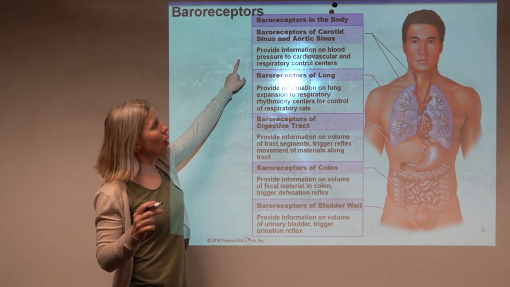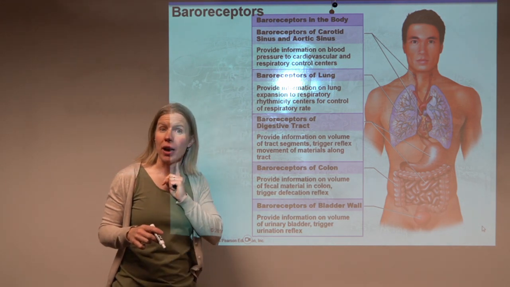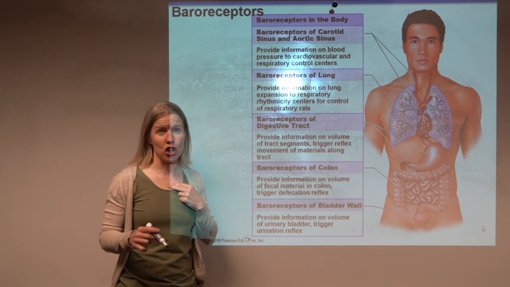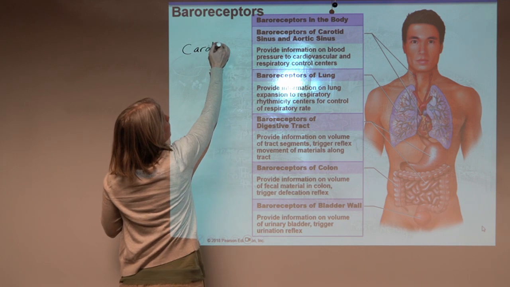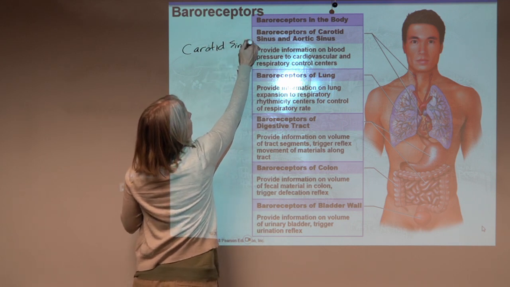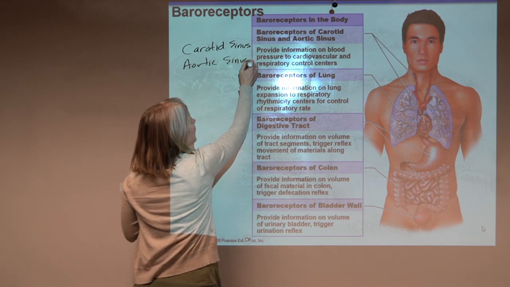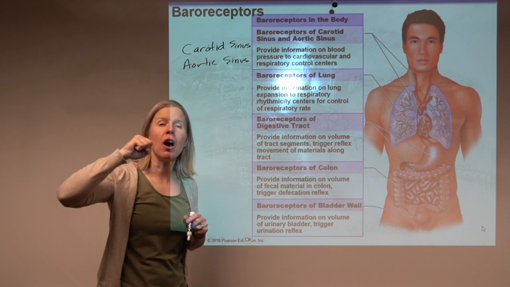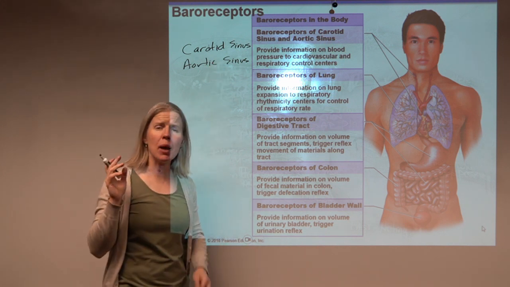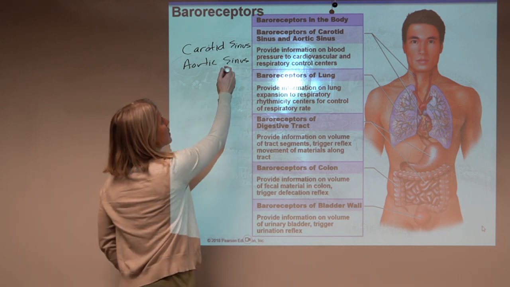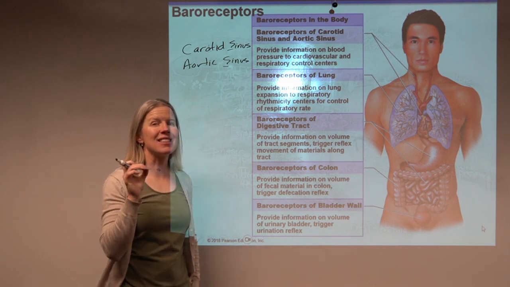I did want to point out that the two main locations of these baroreceptors are in your carotid artery and in the aortic arch. They talk about this carotid sinus and aortic sinus, where there's a cluster of these baroreceptors embedded in the wall of that blood vessel. I point this out because the baroreceptors are located in these sinuses.